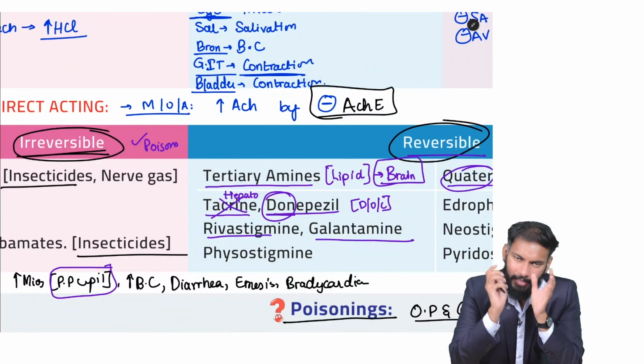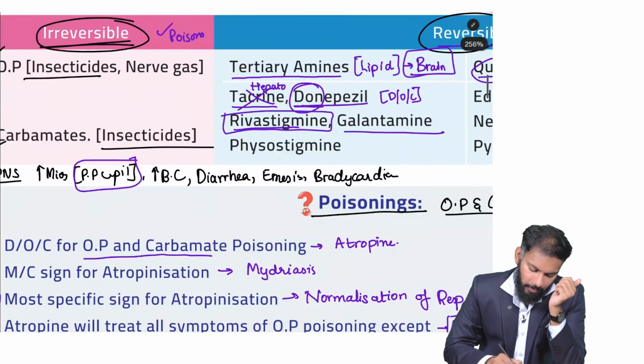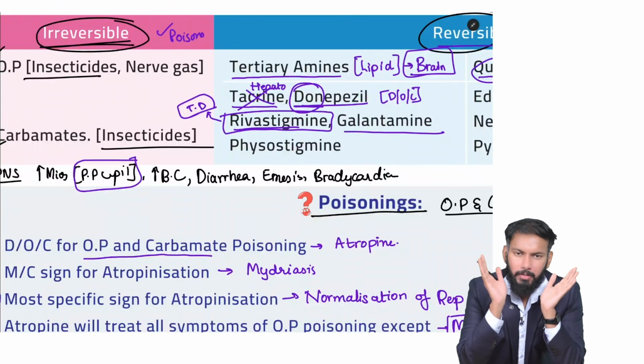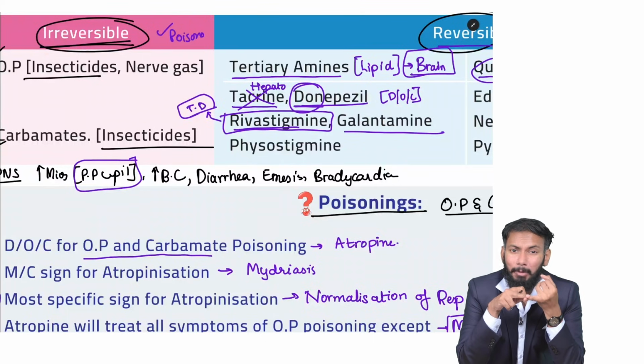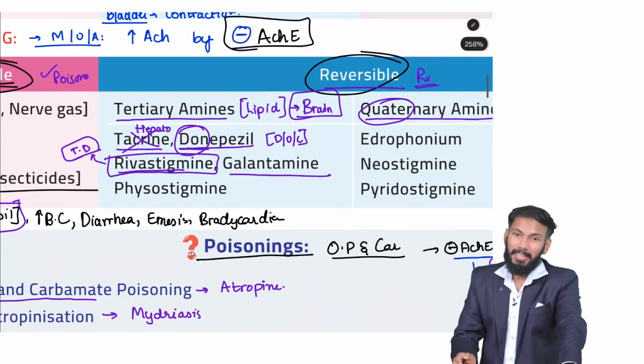So the answer is transdermal patch. When the question was asked, rivastigmine was the only transdermal patch available at that time. So the answer is rivastigmine. Did you understand? These are the three options that have been asked in the exam. Tacrine, hepatotoxic; donepezil, drug of choice; rivastigmine can be used as a transdermal patch. That's all. These are about the tertiary amines.